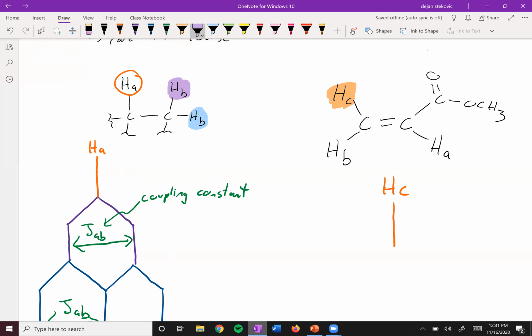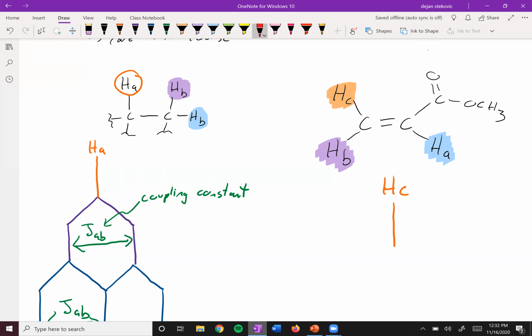The first thing we have to recognize is that HB and HC are diastereotopic protons, so they are different from one another. What that means is that they will couple with one another. And then we also have HA as well. HA is within 3 bonds of HC, so it will also couple there.